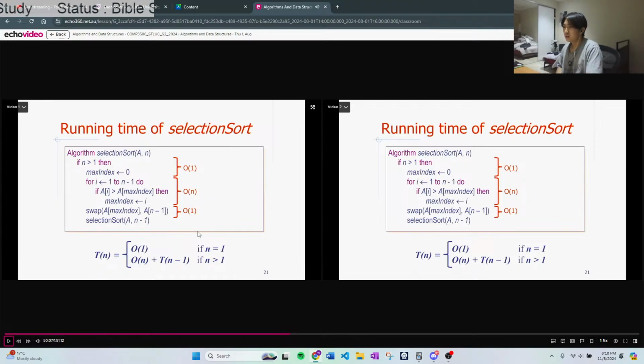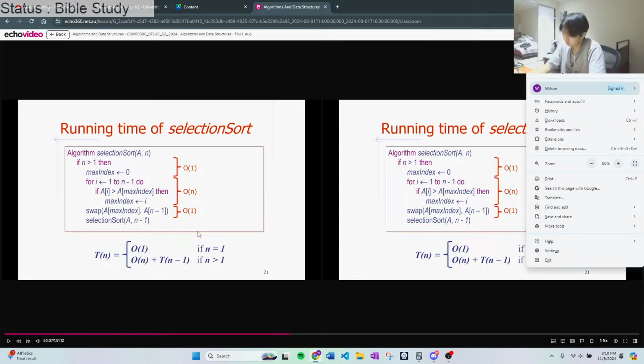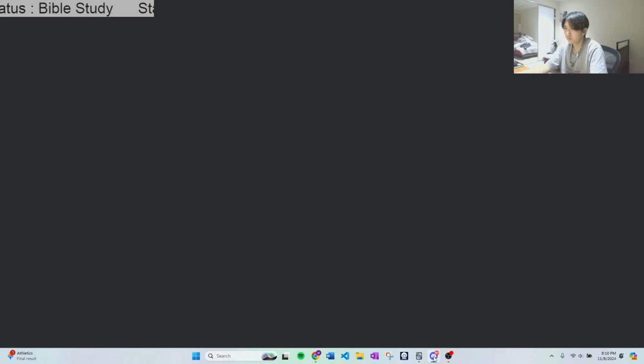We still annotate our pseudocode like before, right?